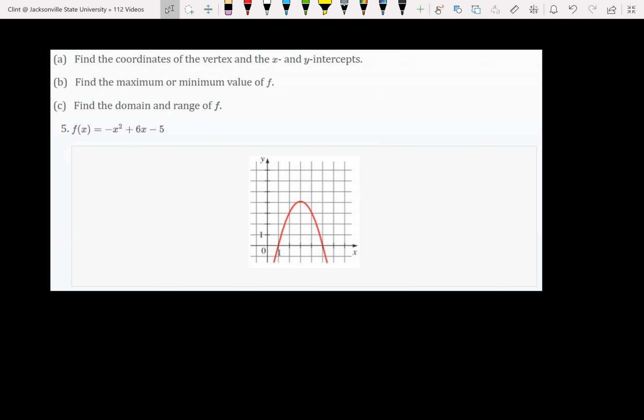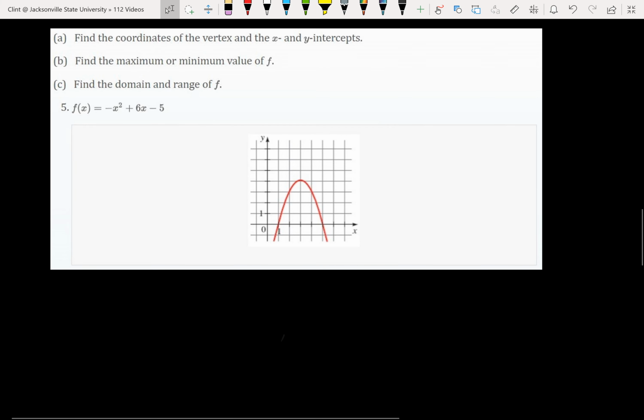Okay, so let's look at this one. This is one I've taken out of the textbook, but you have some in WebDesign that are similar to this. So we have a quadratic function. It tells us to find a few things here. The first part, a, is find the coordinates of the vertex, and then the x and the y-intercept. So that's really three things.